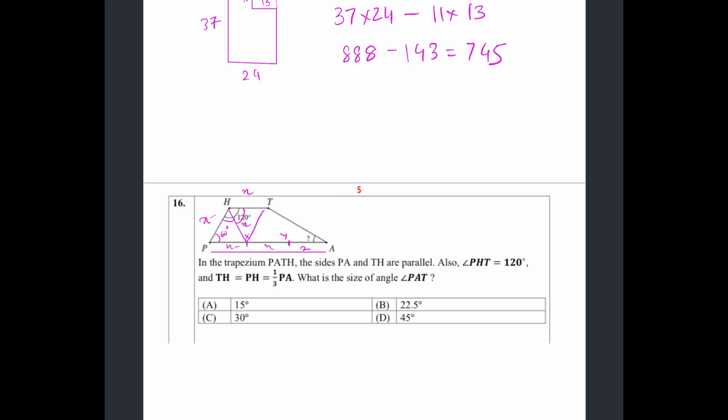Now we can similarly connect this here, x to t and t back to y. So this gives us so many equilateral triangles, 1, 2, 3 equilateral triangles, which have all their sides x.